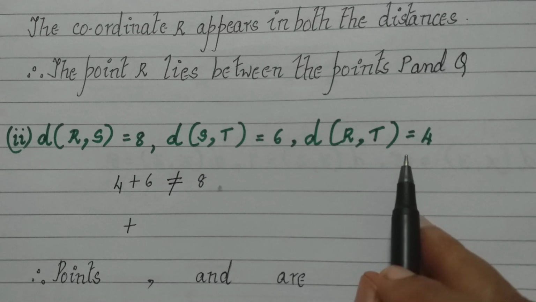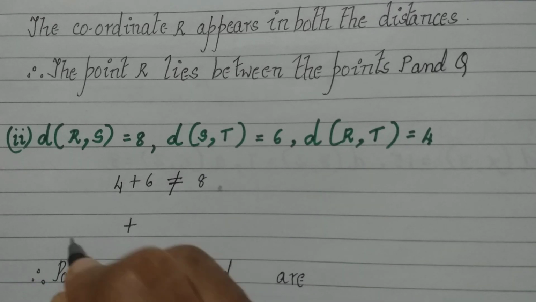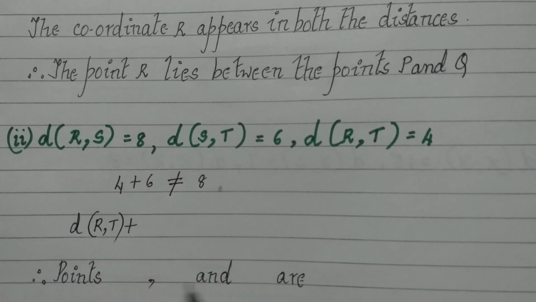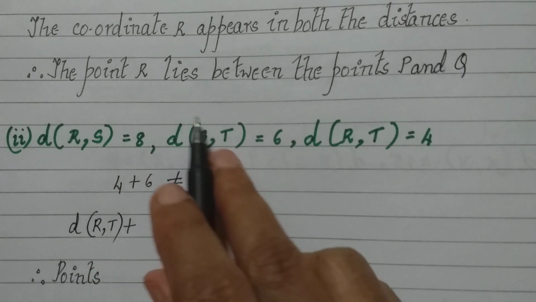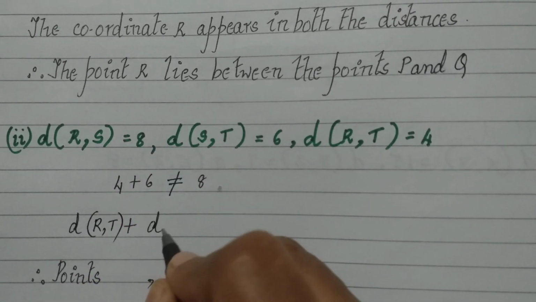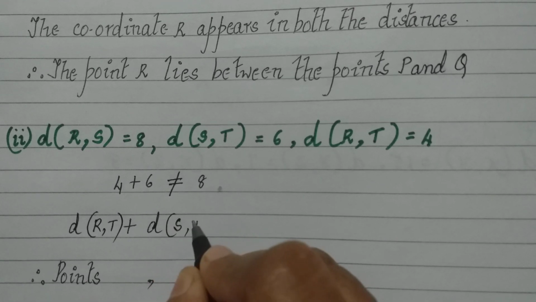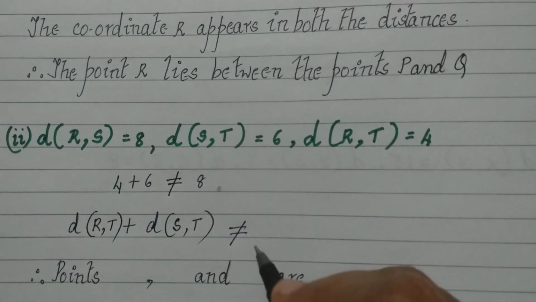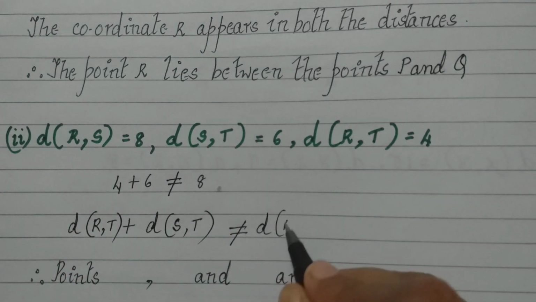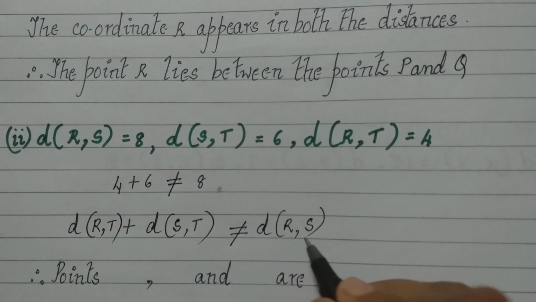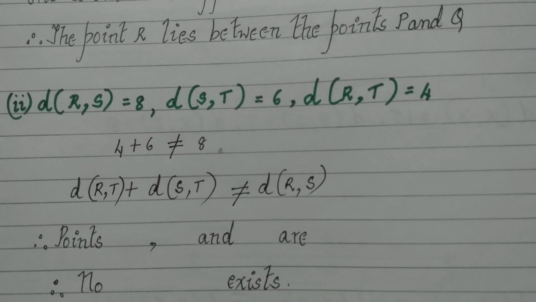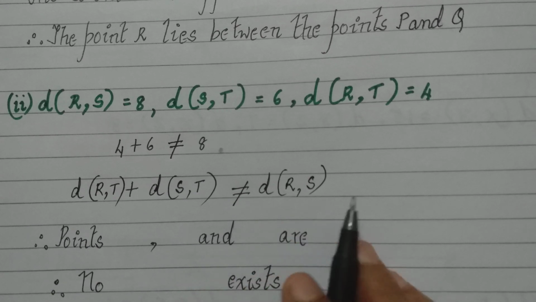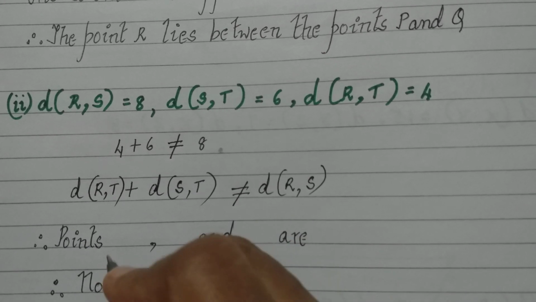Now what is 4? It is the distance between the points R and T. What is 6? It is the distance between the points S and T. That is not equal to the distance between the points R and S. Therefore, these 3 points, that is R, S and T, are not collinear.